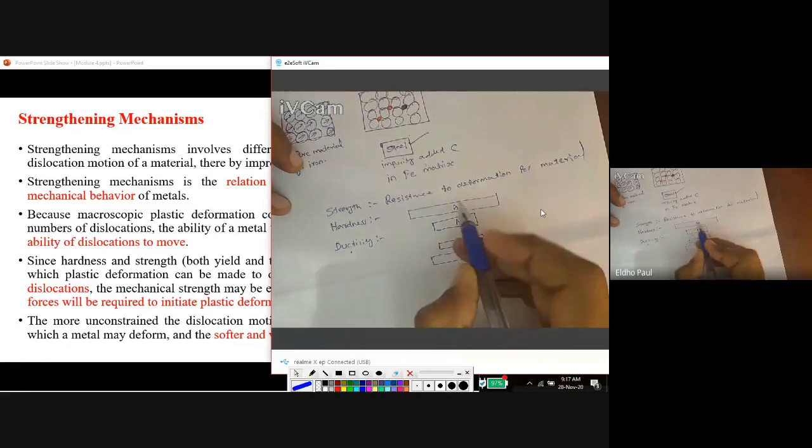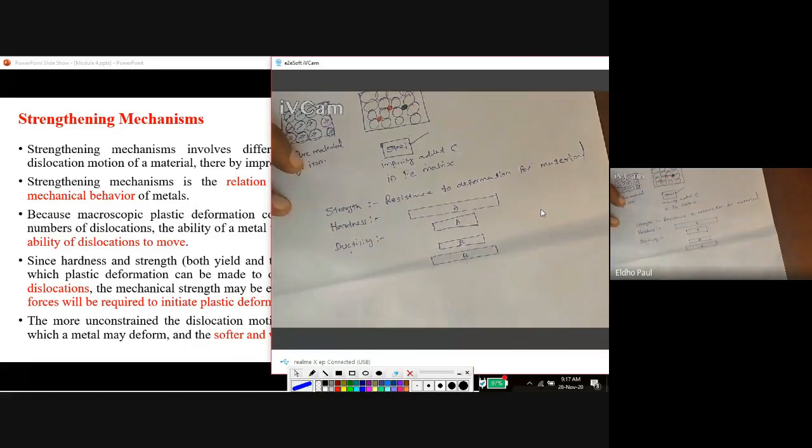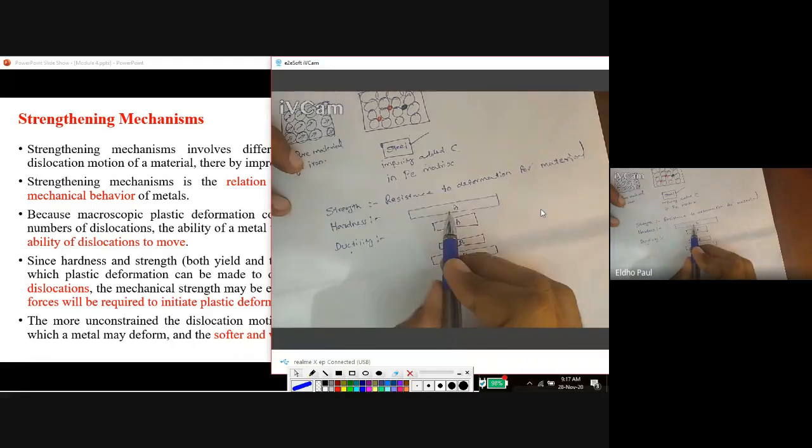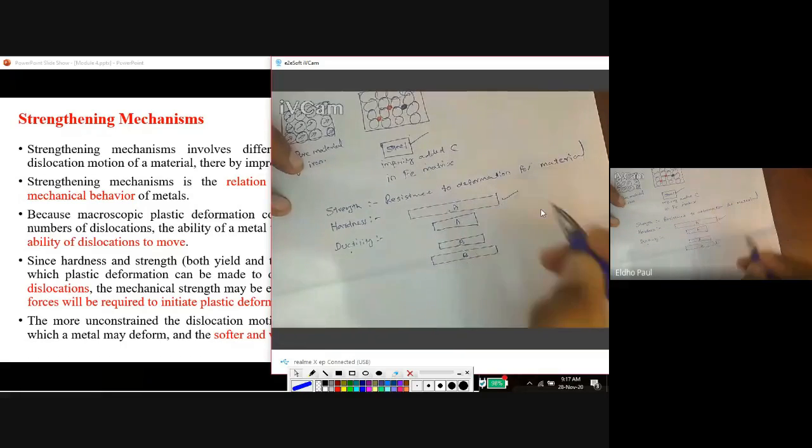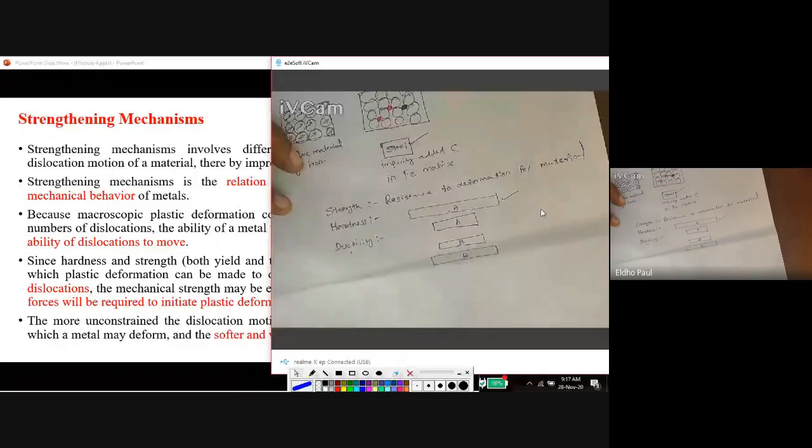So when we compare the final material after deformation, A has more deformation before fracture than B. Or we can say the ductility of A is higher than that of B. So how much a material can deform plastically before fracture is called ductility. That measure is called ductility.